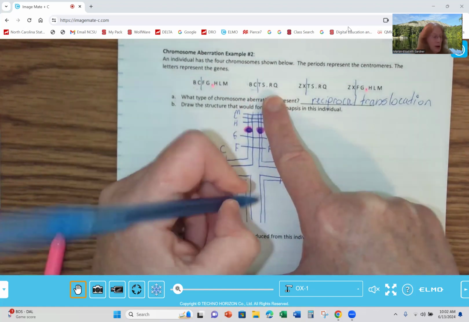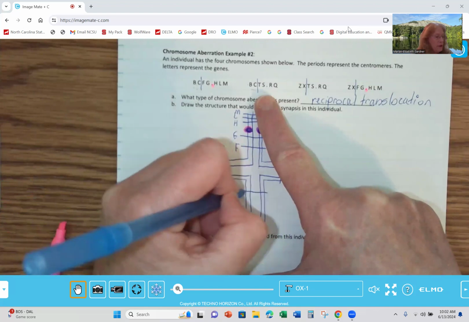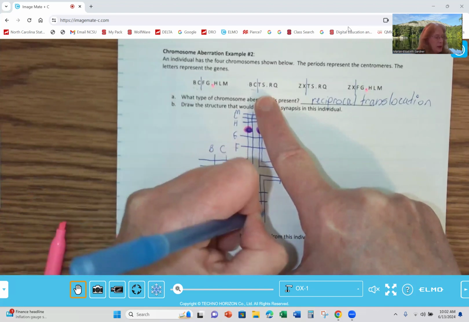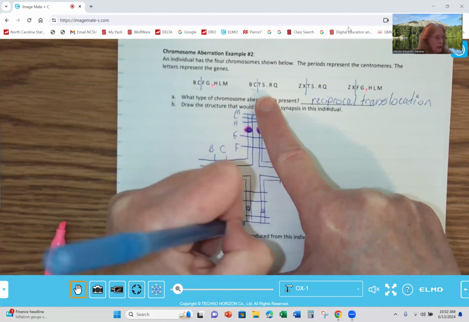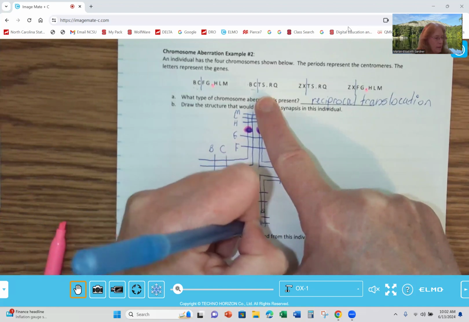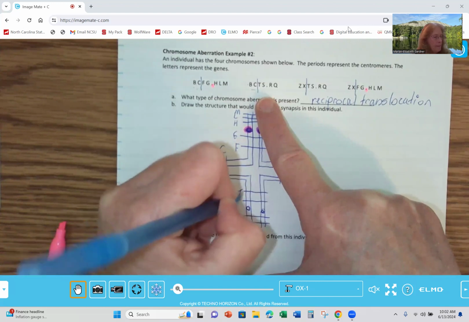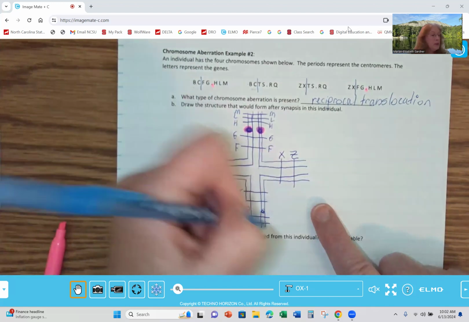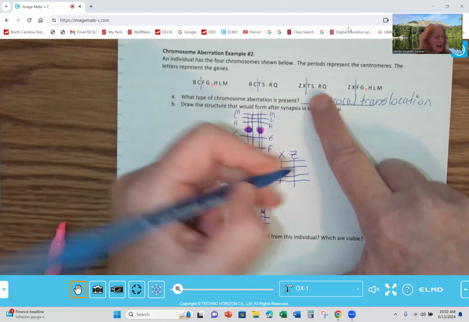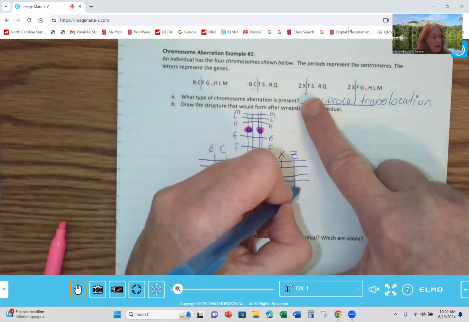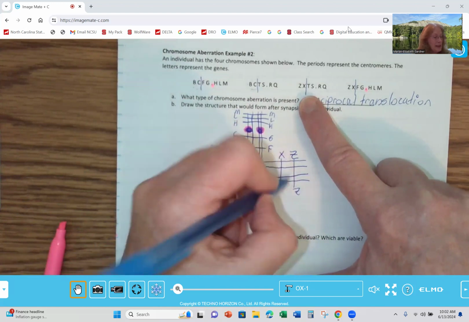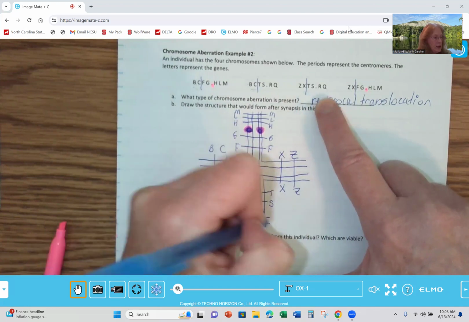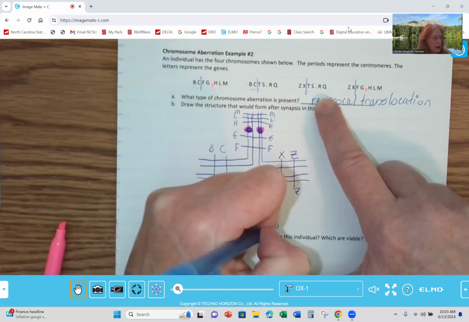And then it would go after the break point, so after the corner, TS centromere RQ. Now this one should be easy because it should be exactly what's left, and it should be exactly what's across. So Z, X, T, S centromere R, Q.